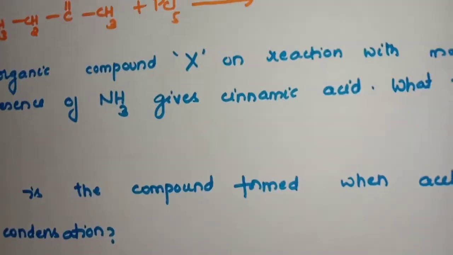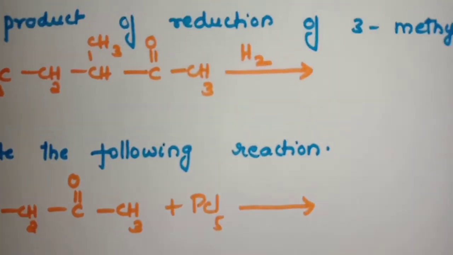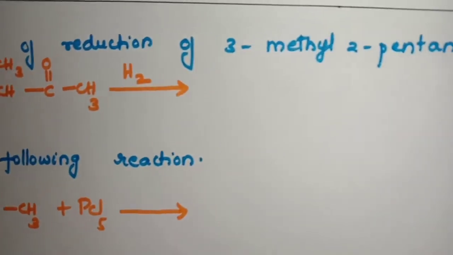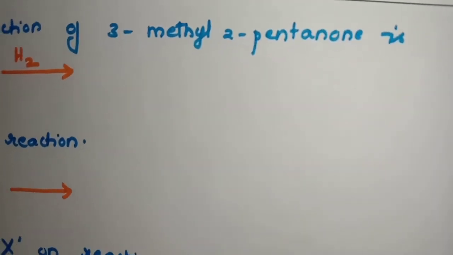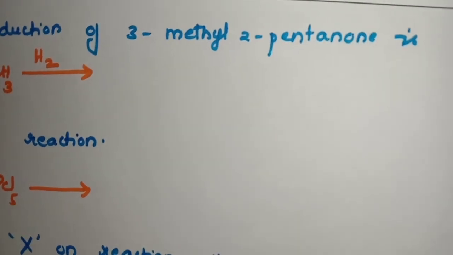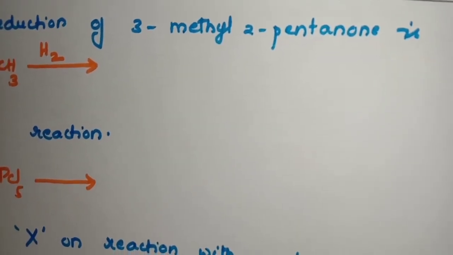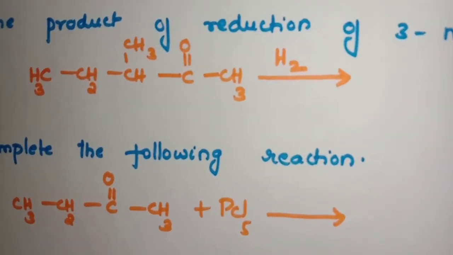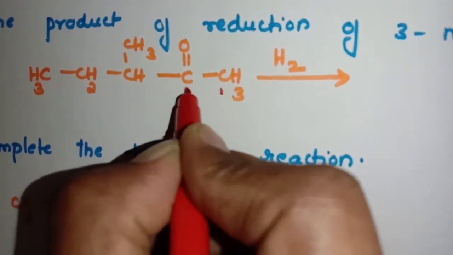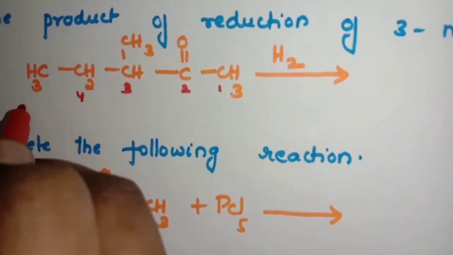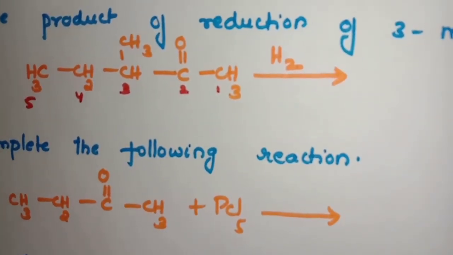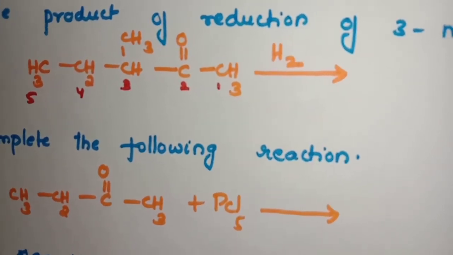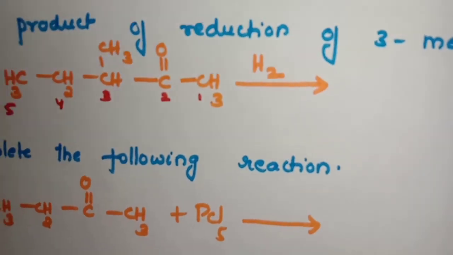Next question. The product of reduction of 3-methyl 2-pentanone is, again 5 carbons. On the second carbon there is a C double bond O group, and on the third carbon there is a methyl group. If we give the numbering 1, 2, 3, 4 and 5, then on reduction 2 hydrogens will be added.